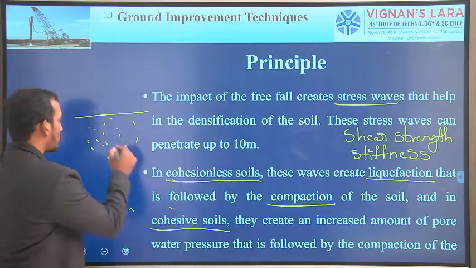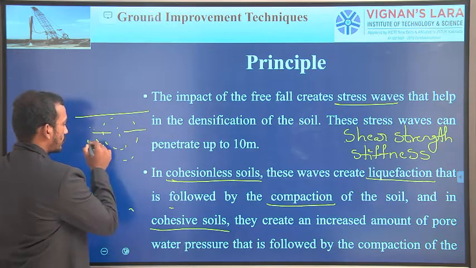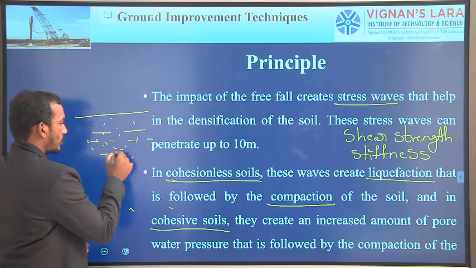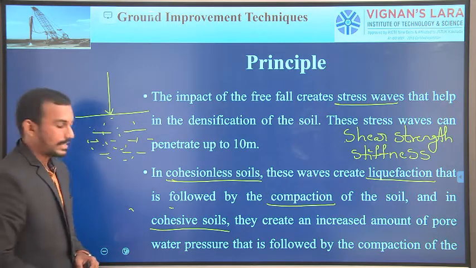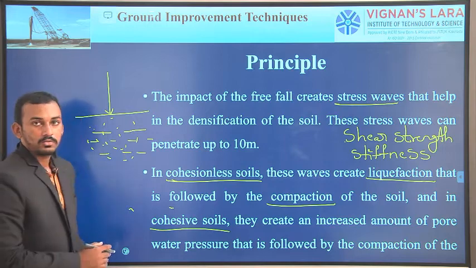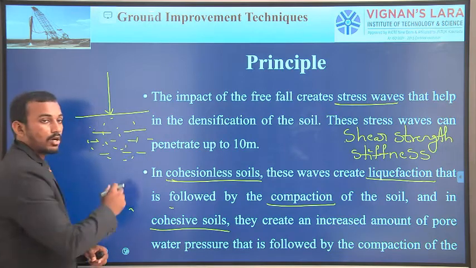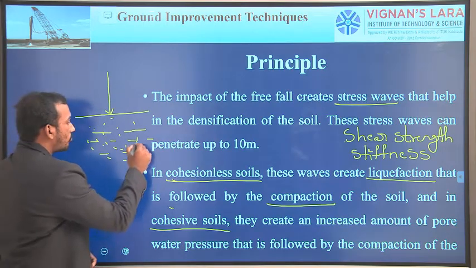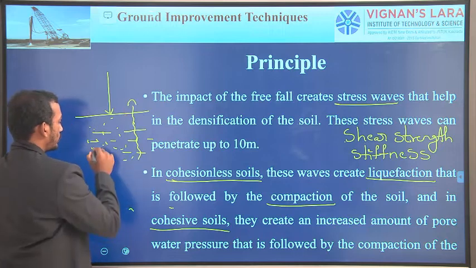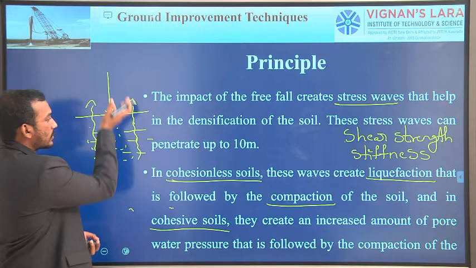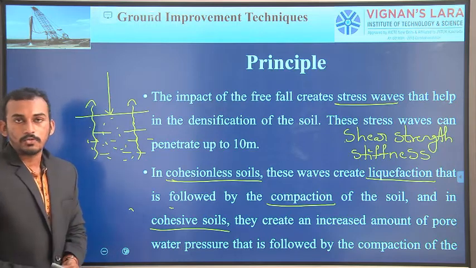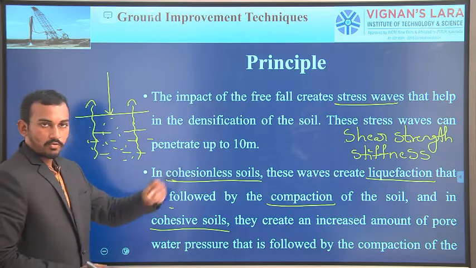So there should be a presence of water voids. When we apply load on the soil, obviously the solid particles settle down and the water between the solid particles tries to move in an upward direction. That is known as pore water pressure.